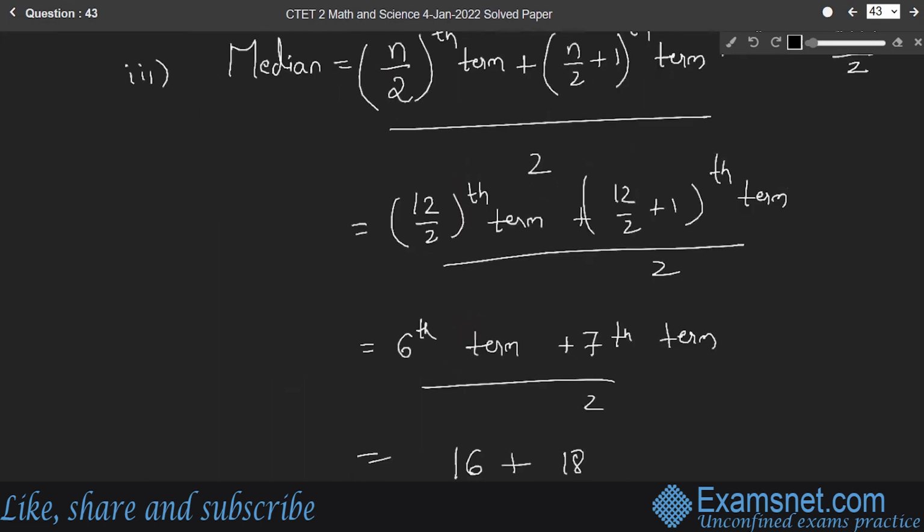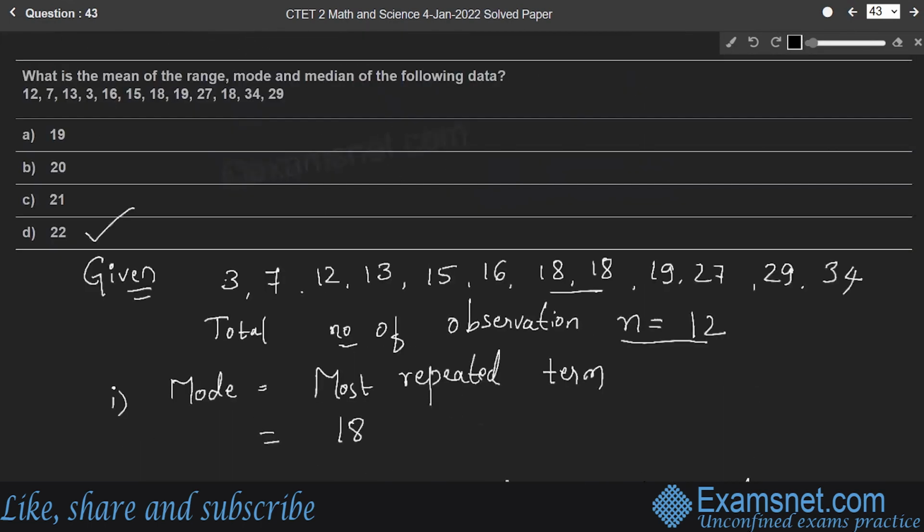Therefore, the right option is option D.